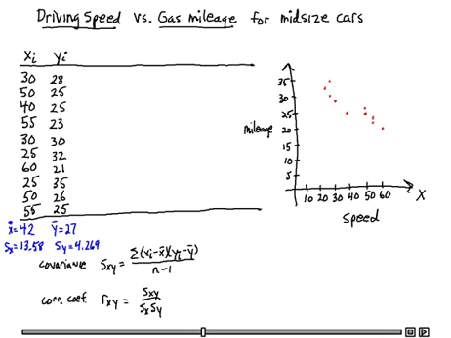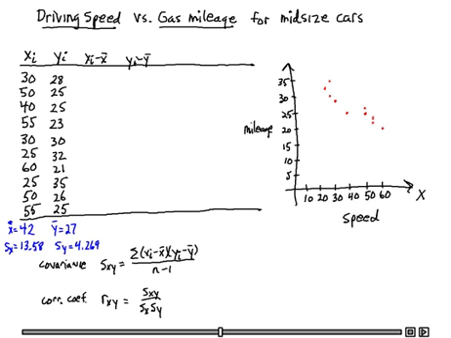Now looking again at these formulas, I'm going to have to calculate some differences and then multiply them. So I'm going to create some columns here. The x sub i minus the x bar, I'll have to figure out what those are. And then I'm going to need the y sub i minus the y bar.